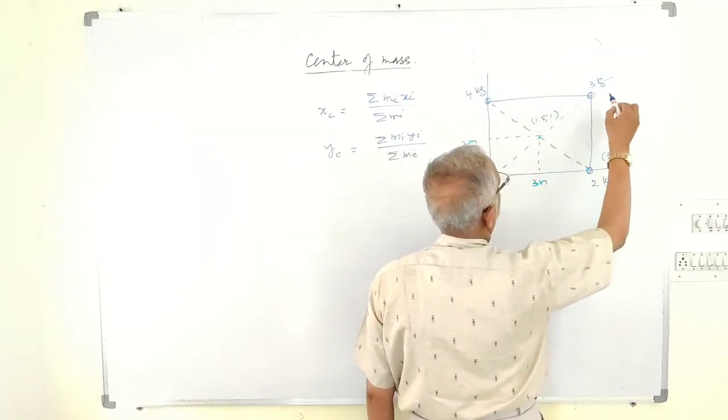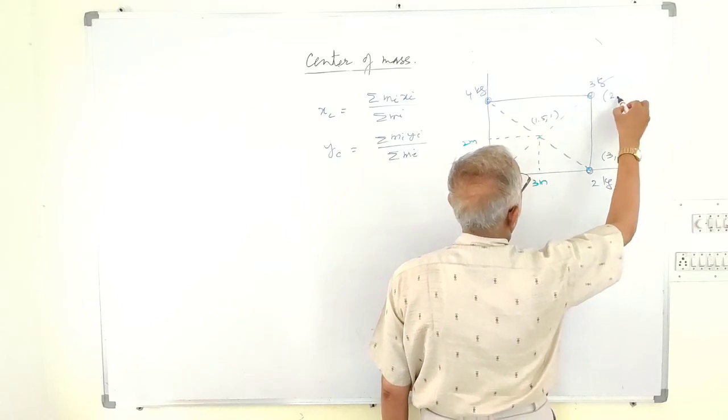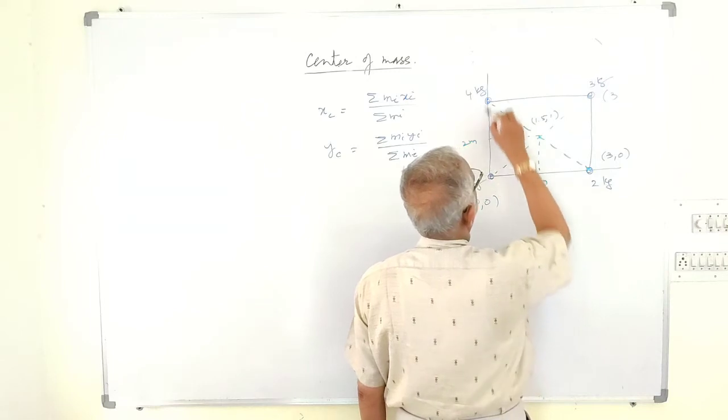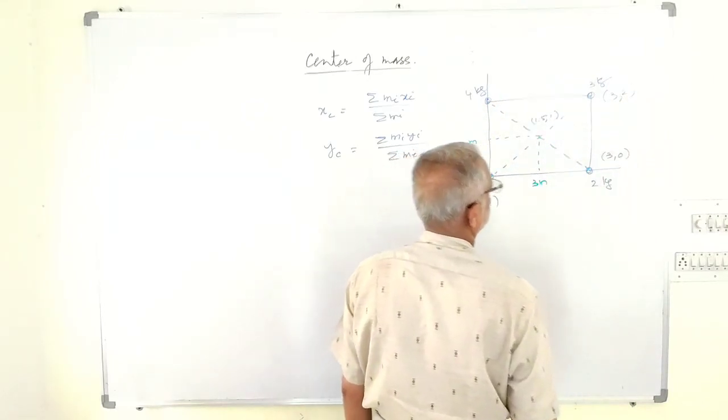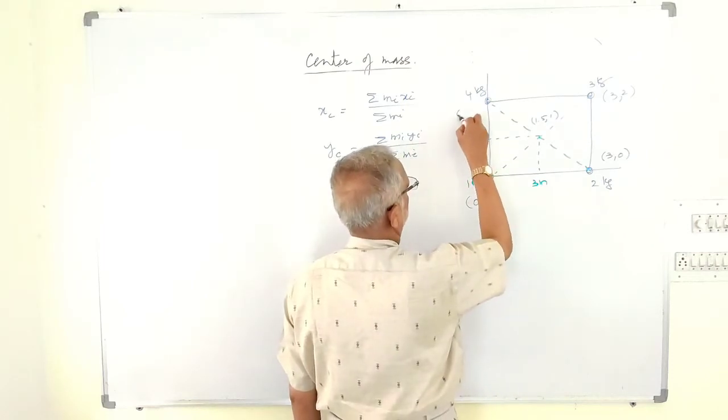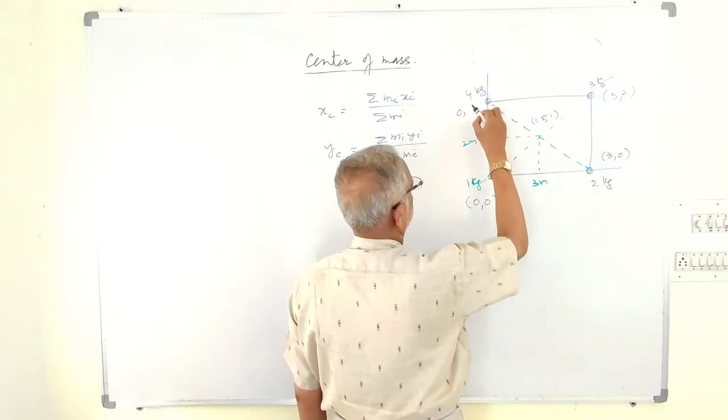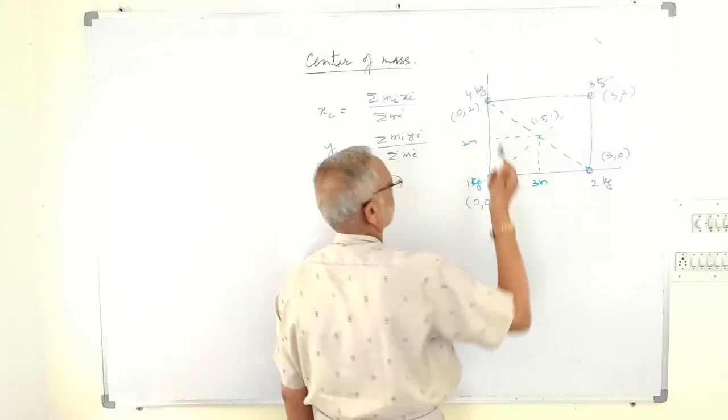This 3 kg has coordinates, x coordinate is 3, y coordinate is 2, and 4 kg is on the y-axis, so its x coordinate is 0, y coordinate is 2.